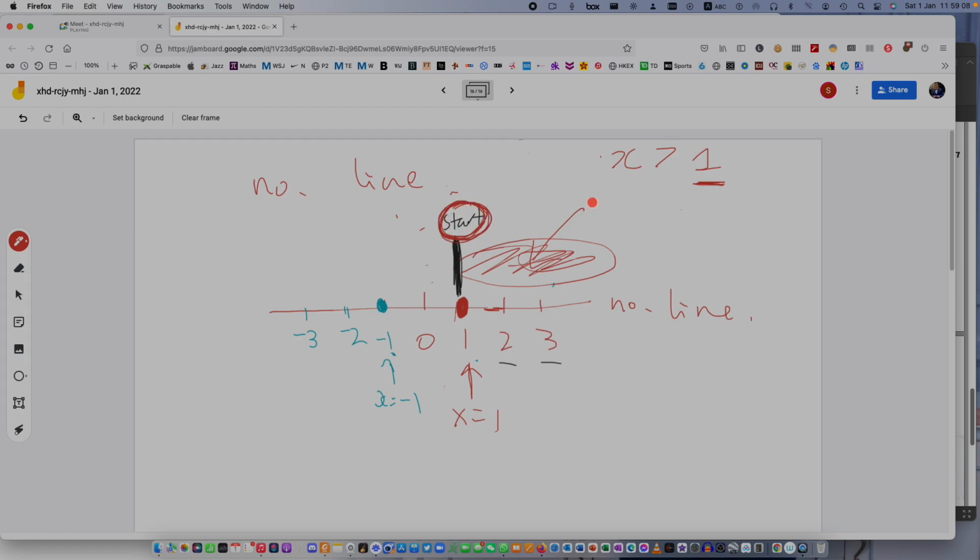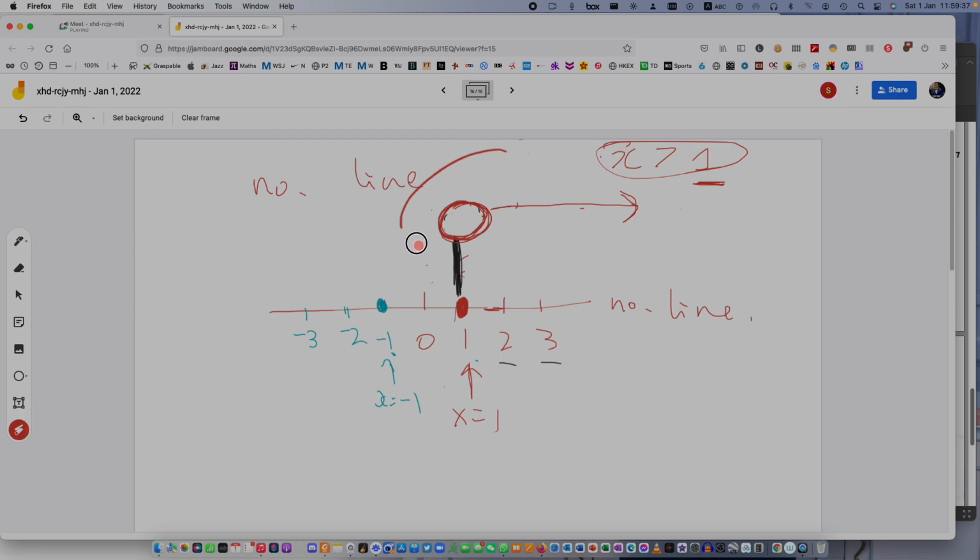And I ask myself, should I go left or should I go right? Bigger than 1, that means it's the red region, so I go right. Okay, good. So this is my x bigger than 1. This is how you represent your x bigger than 1.